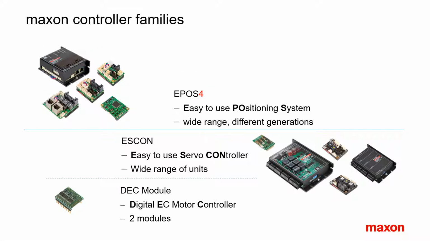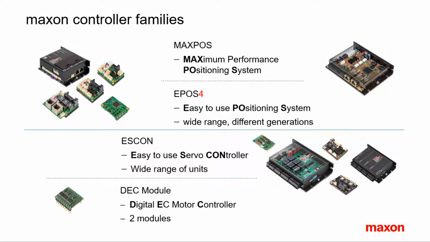The members of the EPOS family are the standard positioning or motion controllers with CANopen interface. The MaxPOS is a high-end position controller for extremely dynamic applications. The control performance increases from bottom to top in this representation. DEC and SCON are speed controllers, EPOS and MaxPOS are position controllers.